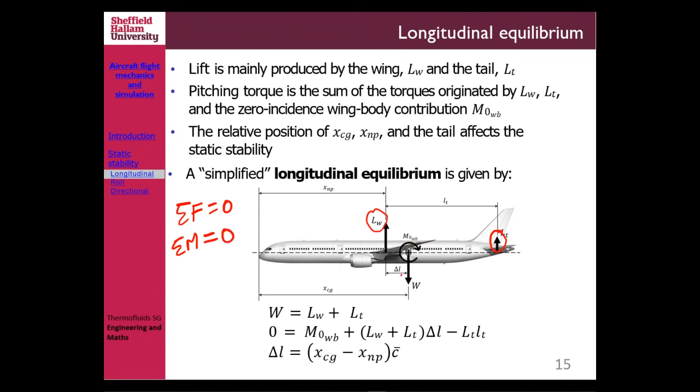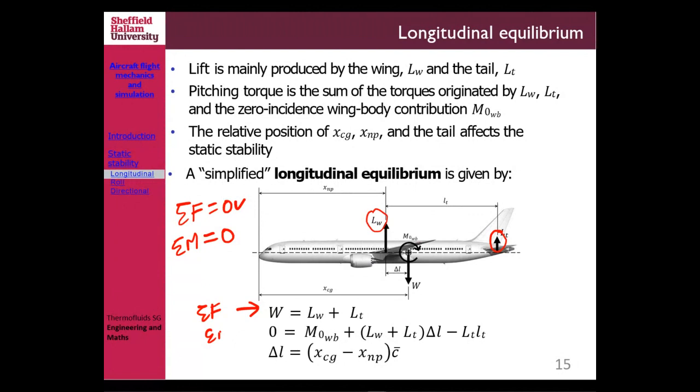You follow? So in this case, if we look at the sigma force in the Z direction here, we know that the lift from the wing plus the lift from the tail should equal W. So that is the sigma F, right?